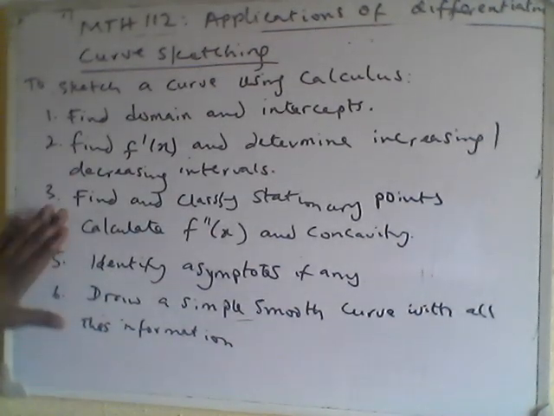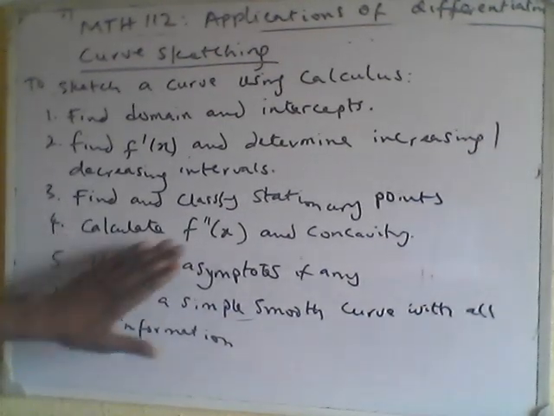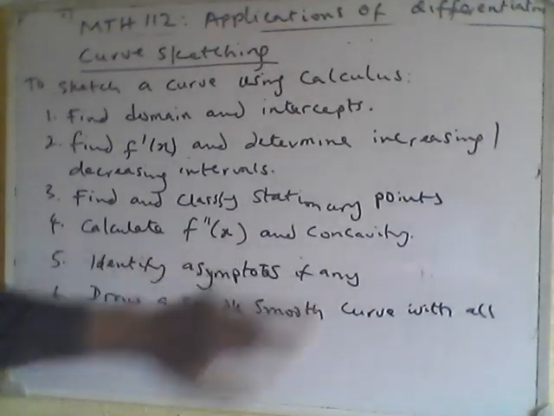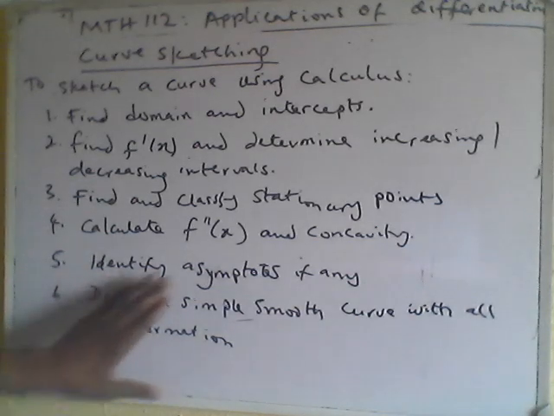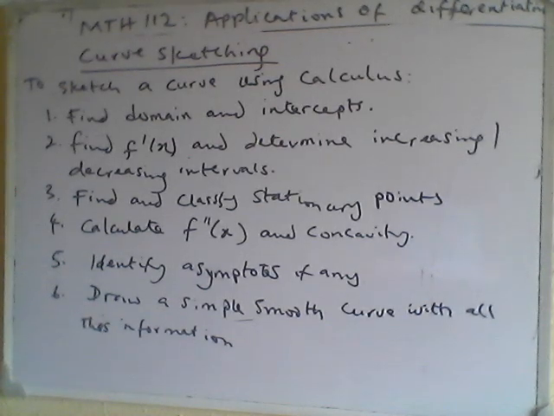Thirdly, we'll find and classify stationary points. Fourthly, we calculate the second derivative and the concavity. And fifthly, identify asymptotes, if any. Then draw a simple smooth curve with all this information. So it's just a matter of following the steps to get the final answer.